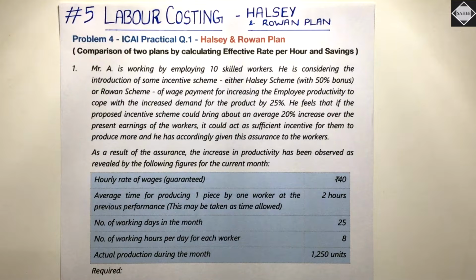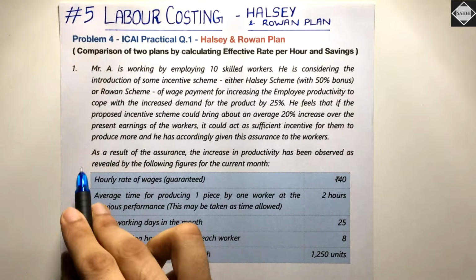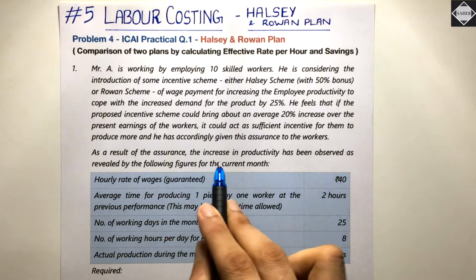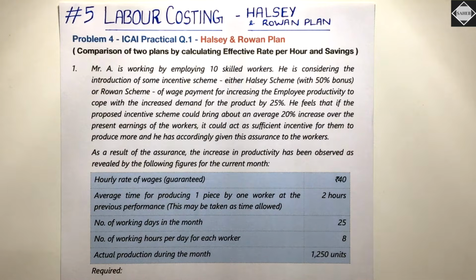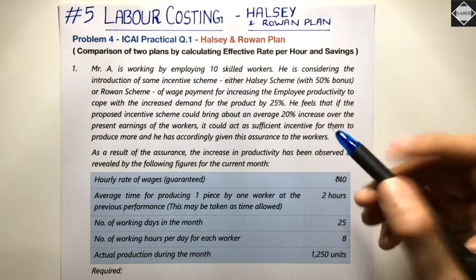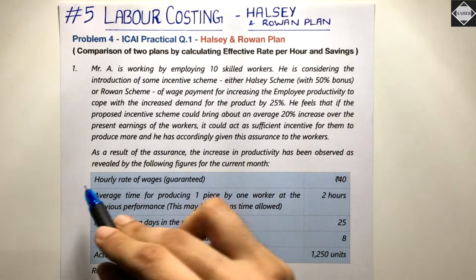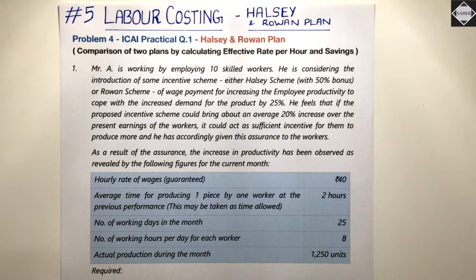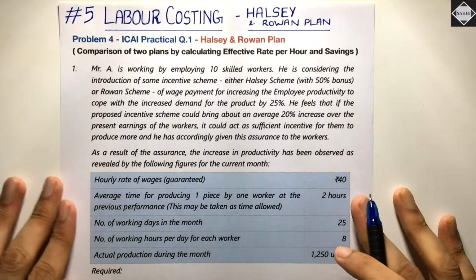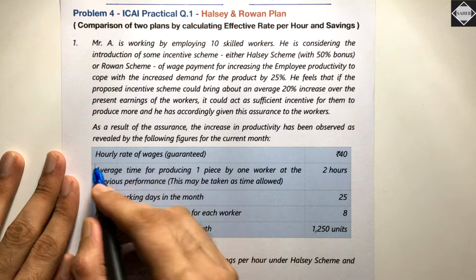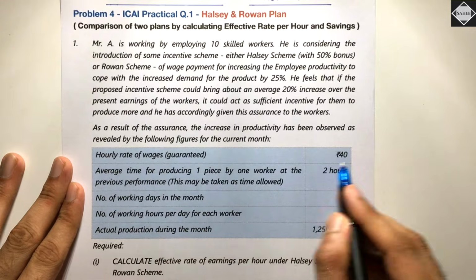Because of this assurance, what will happen now? As a result of the assurance, an increase in productivity has been observed. Of course, the workers will be motivated, right? The productivity increase has been observed as revealed by the following figures for the current month. What are the figures? Hourly rate of wages guaranteed: rupees 40.